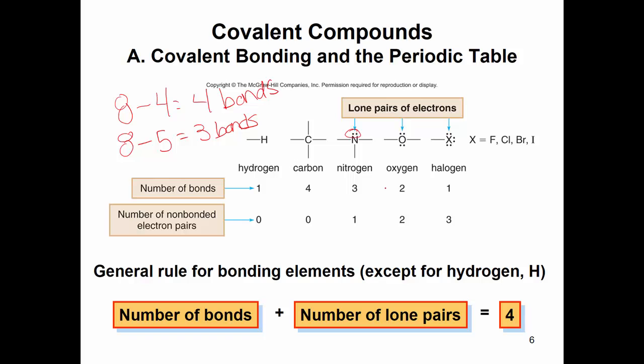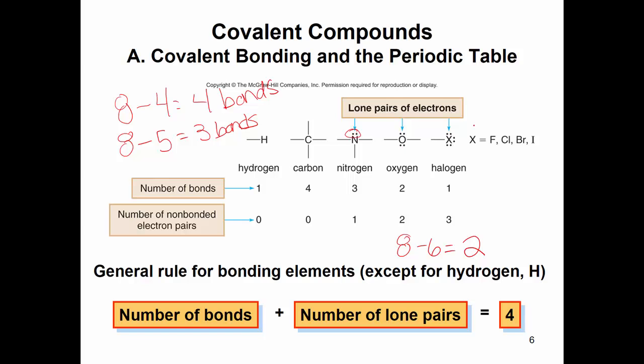And we saw in our example with water that 8 minus 6 equals 2. So oxygen's in group 6, so it wants to form 2 bonds. Therefore, it has to have 2 lone pairs because it has to have an octet of 8. 2, 4, 6, and 8.